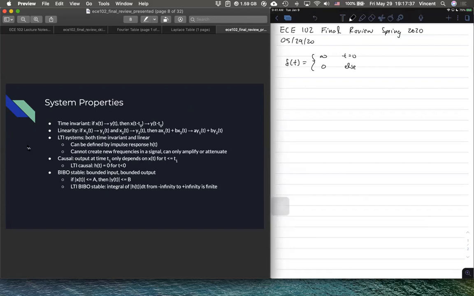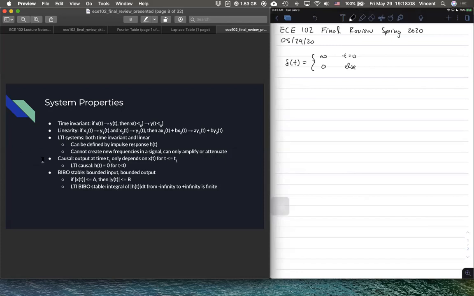An LTI system, by definition, is both linear and time invariant, and it can be defined by the impulse response, which we just mentioned. What makes these unique is that it doesn't create any new frequencies in the signal, and it only amplifies or attenuates. If you scale the input, the output will be scaled the same way, and it won't change the overall shape.